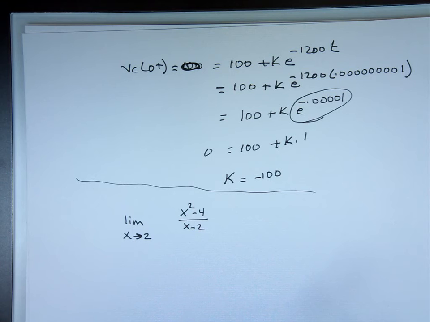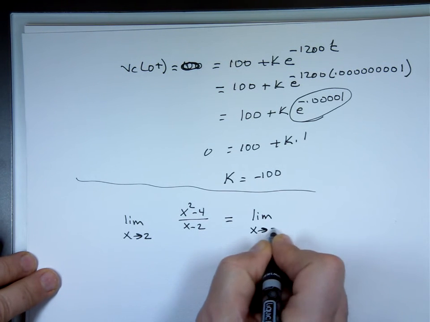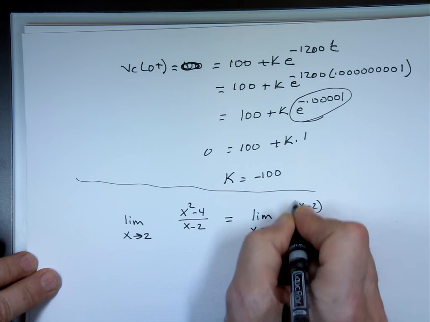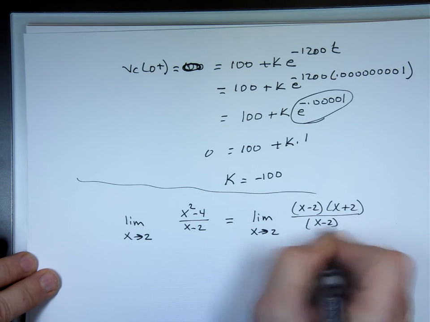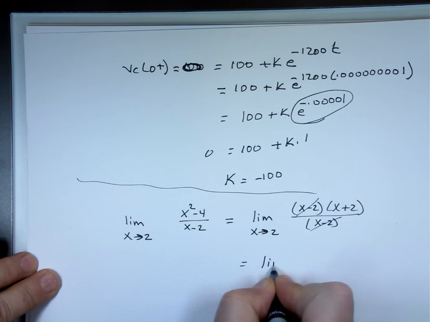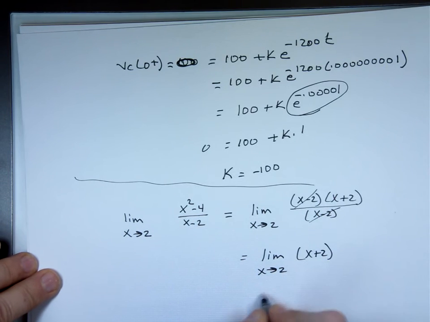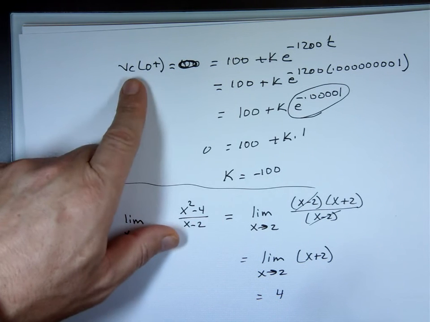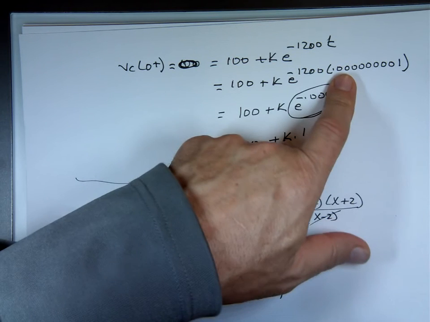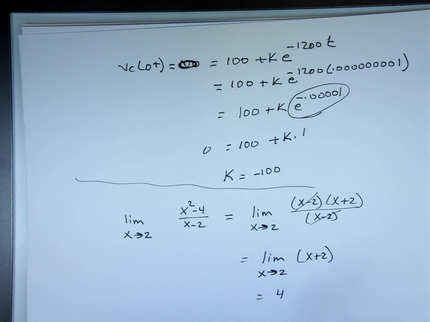Or you can factor the top: x minus 2 times x plus 2, over x minus 2. Now you try direct substitution, and the answer is 4. That's the same thing. As t approaches 0 plus, you're not going to put 0.0000001. No, we'll put 0 and do the quick math that way. That makes a lot more sense. Thank you. You're welcome.